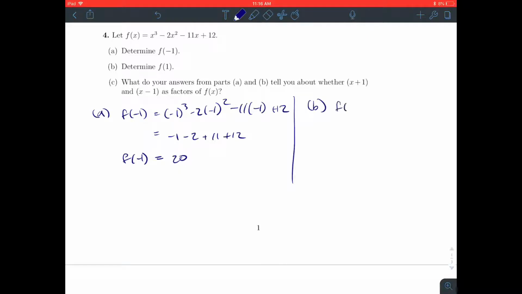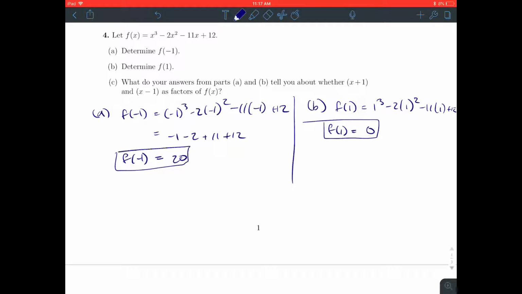Over here we get, for part B, f of 1. We plug in 1, we get 1 cubed minus 2 times 1 squared minus 11 times 1 plus 12. When I simplify that all out, I actually get 0. So because I have these two values, I'm able to infer whether these are factors. When I plug in negative 1, that corresponds to the factor x plus 1, because I'll use opposite values here and here. So from part A, I can infer x plus 1 is not a factor of f of x because f of negative 1 is not 0.